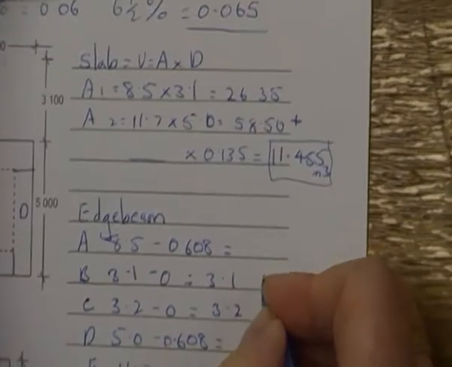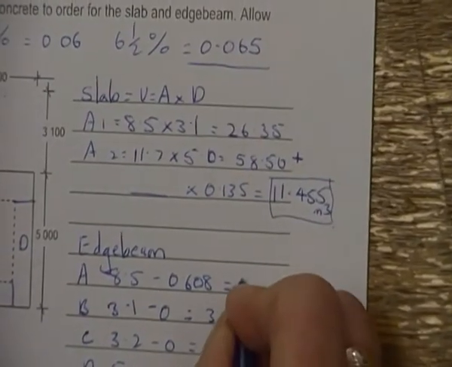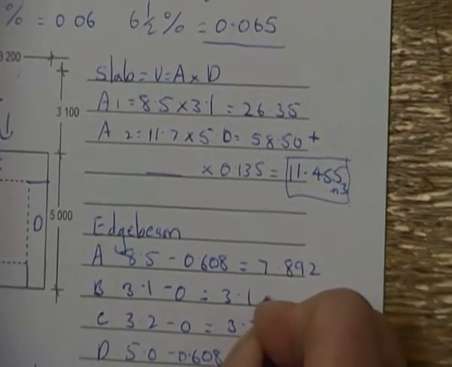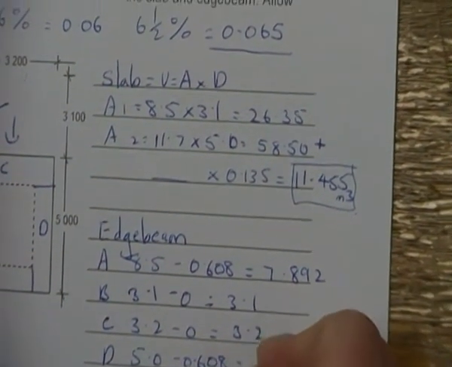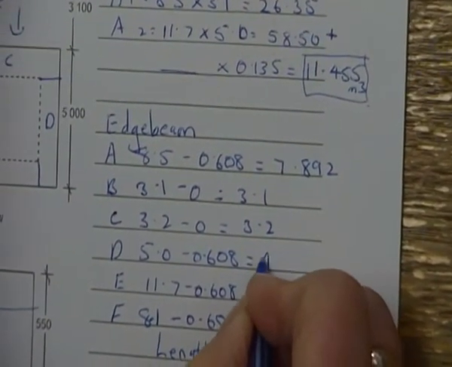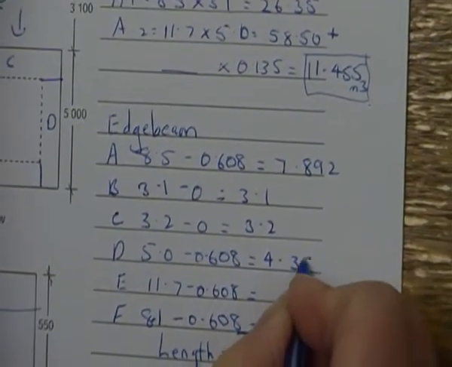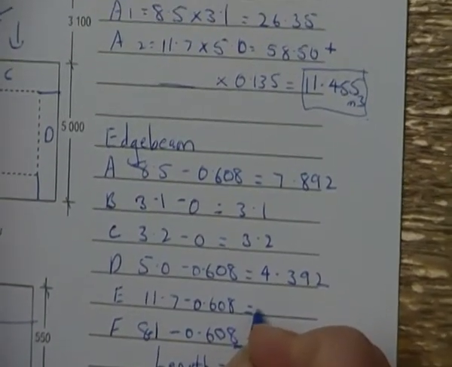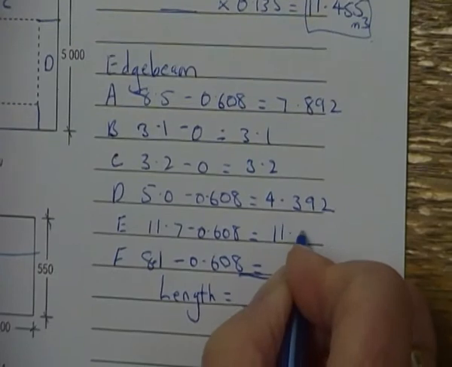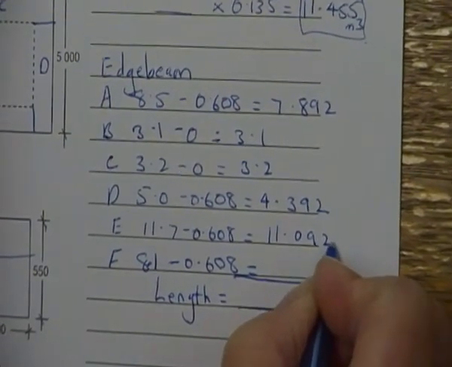So we have A is 7.892, and we've got 3.1 and 3.2 already done. D is 4.392. E is 11.092.